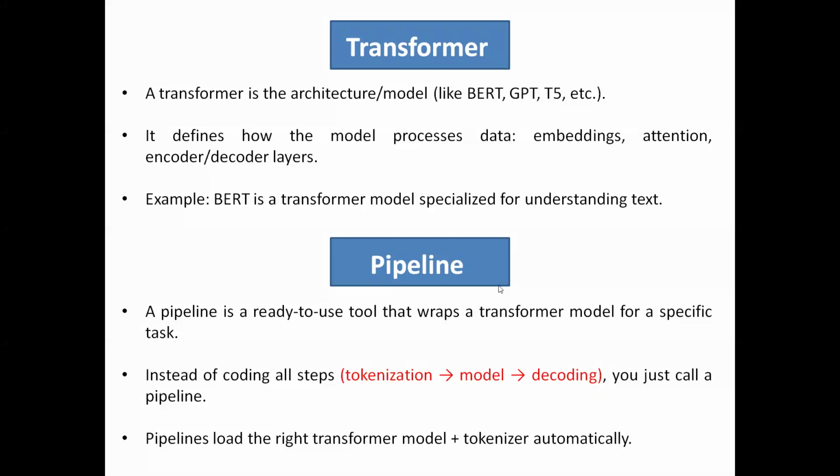The backend architecture is the transformer. If I want to do text summarization, I will use a pipeline, but at the backend the transformer will be used. You can think of the transformer as an architecture, a model that has everything: data, embedding, attention, decision making.